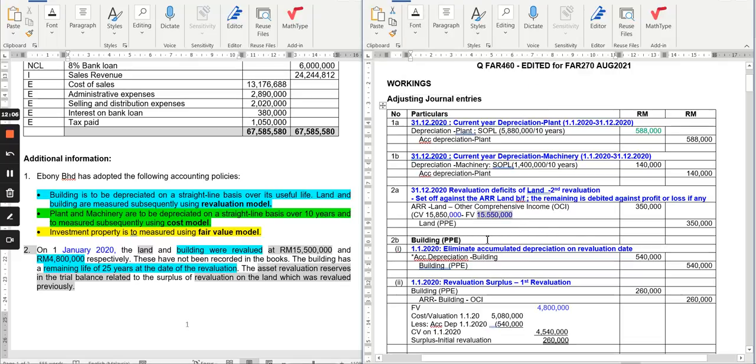So there is a decrease, or a deficit, on the revaluation of land of 350,000, and because this is a second revaluation, that deficit will be set off against the ARR, or the land revaluation reserve balance, which is related to the land.